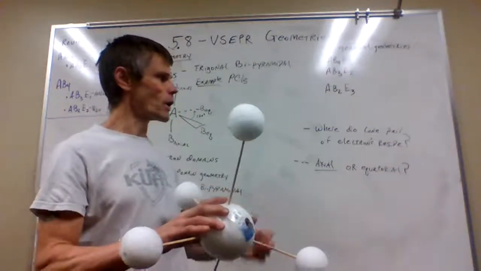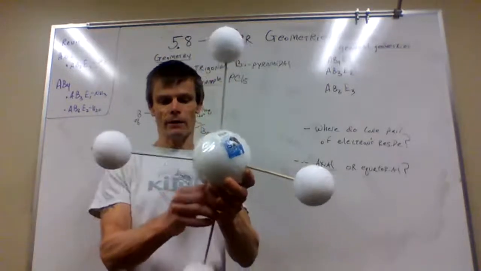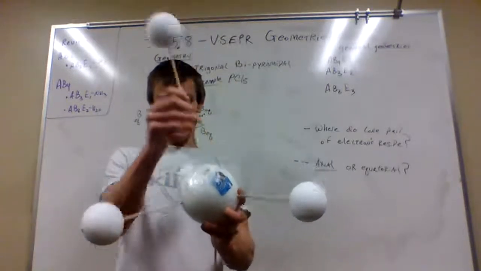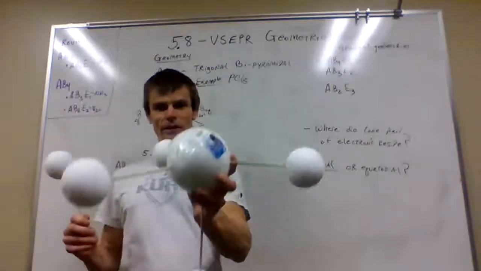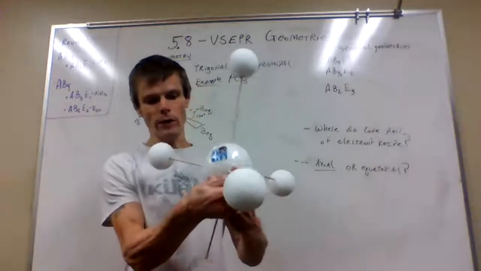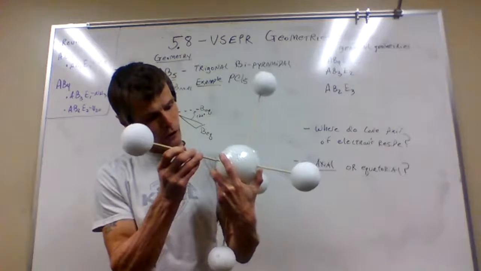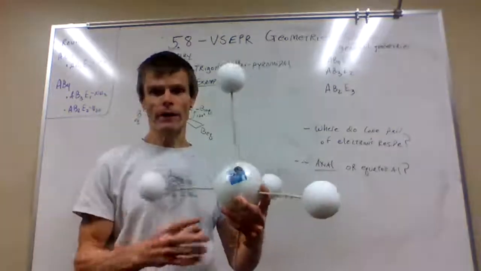Where are we going to put our lone pair of electrons? Would we like to put a lone pair at an axial position along the axis, such as this? Or are we going to put them along the equator? Because they are different. And the differences are due to the bond angles.